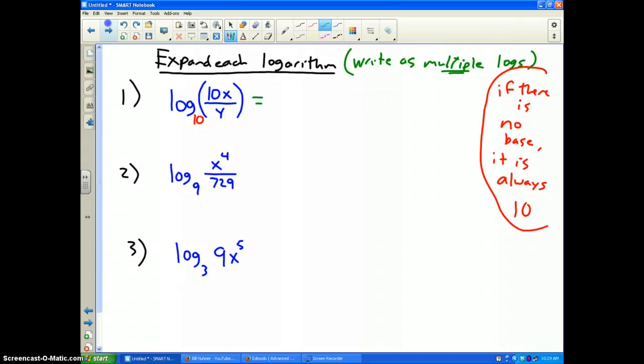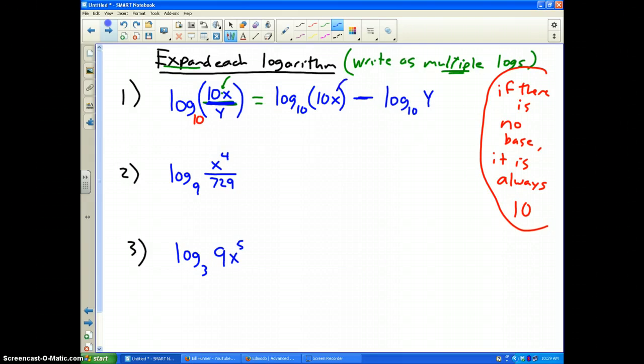All right. I got to write this as multiple logs. Well, what do I notice? First of all, I notice there's a times sign in there. So that means I'm going to have to use the product property. And I also see there's a divide line. That means I'm going to have to use the quotient property. So, if I was to break this up, I would write this as the log base 10 of the numerator, 10x, minus, because there's divide, so I'm going to change it to minus log base 10 of y.